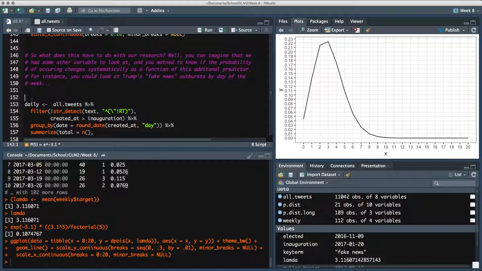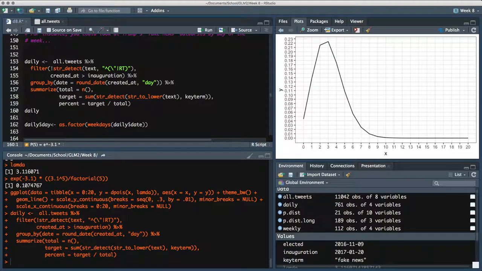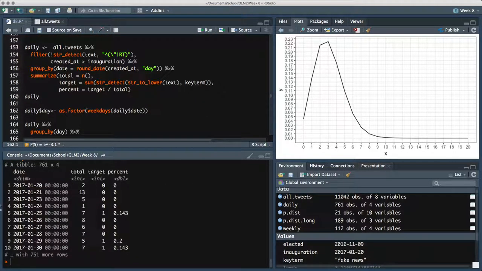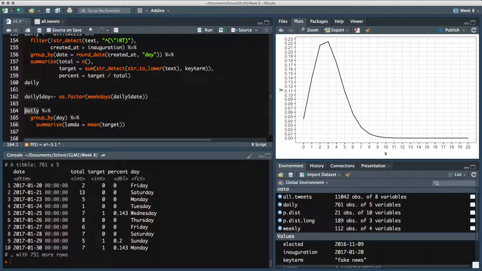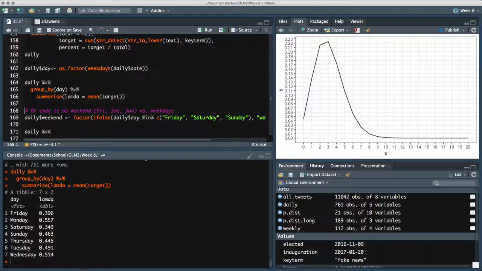there are differences in these things? For instance, down here I just have some stuff where, if we break this down daily instead of weekly, I'm going to add a factor that specifies what day of the week that is. Summarized by that, we can see that Mondays and Wednesdays seem to be when Donald Trump tweets the most about fake news.